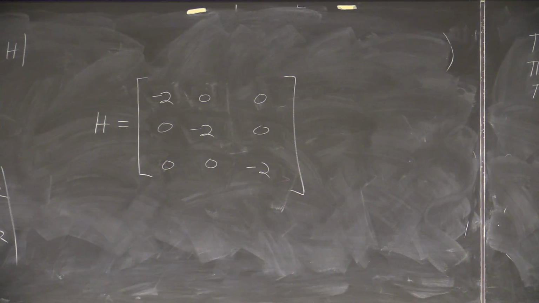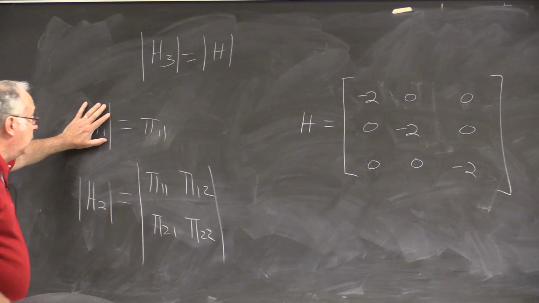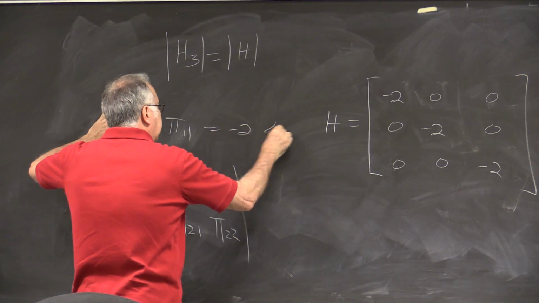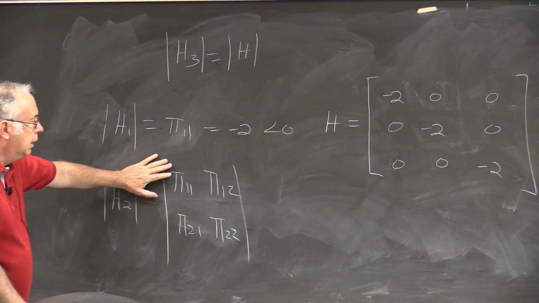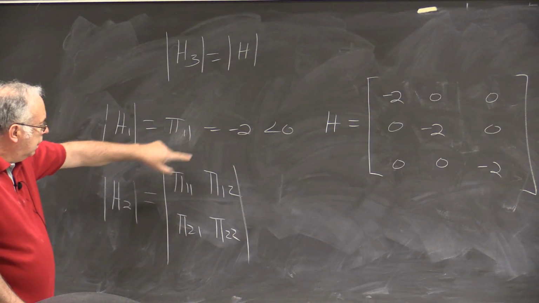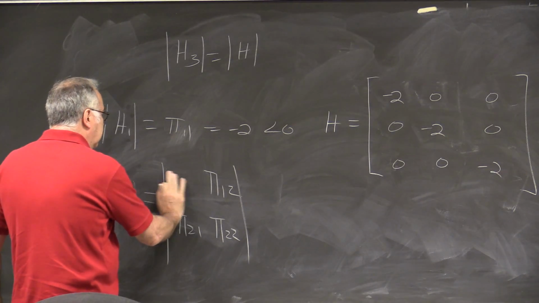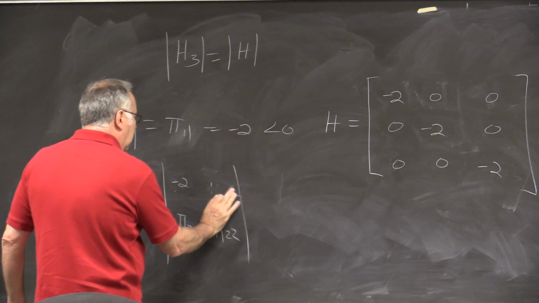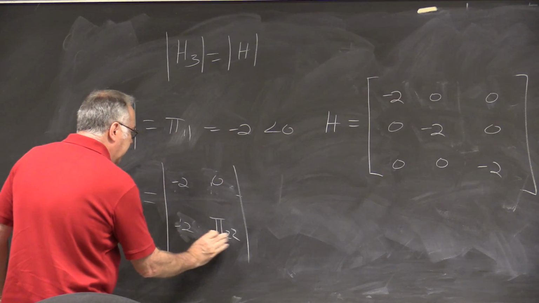H sub 1, the determinant of the first leading principal minor, is pi 1,1, that's minus 2. That's negative. What is this term right here going to be? You just substitute in. This is a minus 2. This is a 0. 0. This is a minus 2.